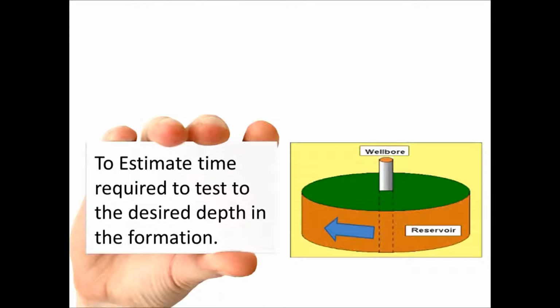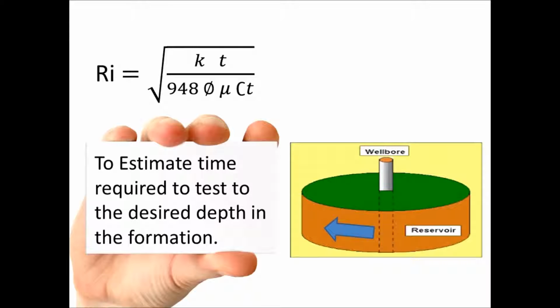The third use of radius of investigation is to estimate the time required to test to the desired depth in the formation. Based on the radius of investigation equation, in order to estimate the time, we have to put t on the left side of the equation.